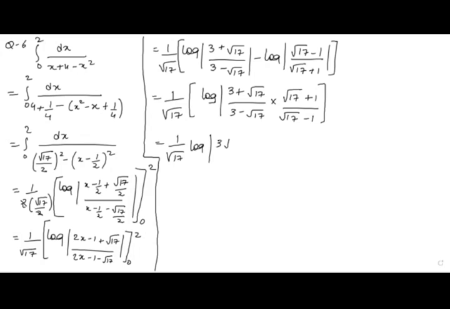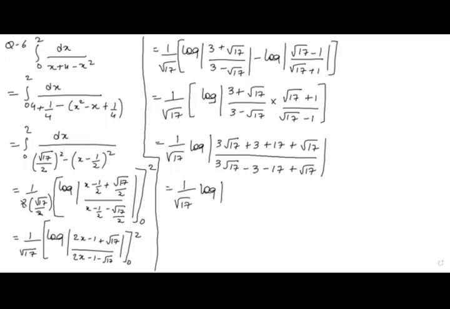So I will get 3 root 17 plus 3 plus 17 plus root 17. Binomial to binomial multiplication: 3 root 17 minus 3 minus 17 plus root 17. So here I will get 20 plus 4 root 17 upon minus 20 plus 4 root 17.